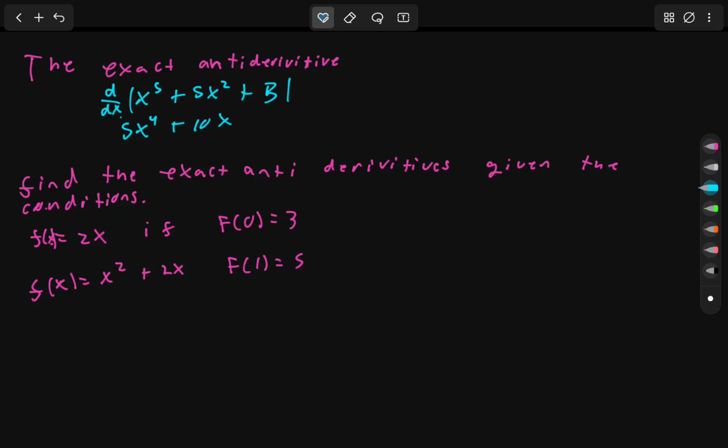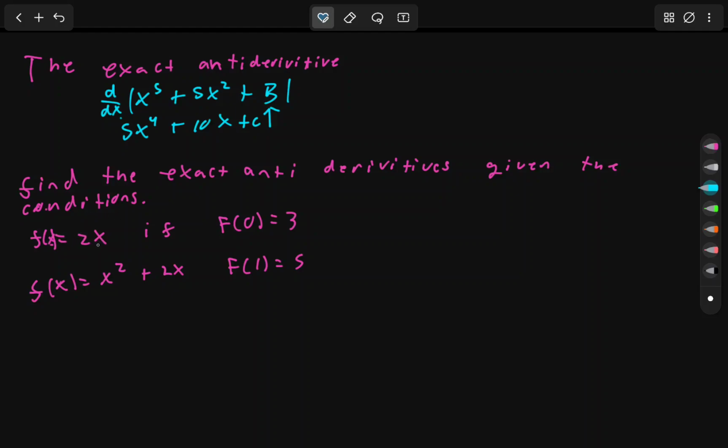The issue is whenever we go to take the antiderivative of this, we don't know the value of the constant. So earlier when we were doing general antiderivatives, we just added on the value c. But if we want to know the exact value of the original function, we need to find that value of c.